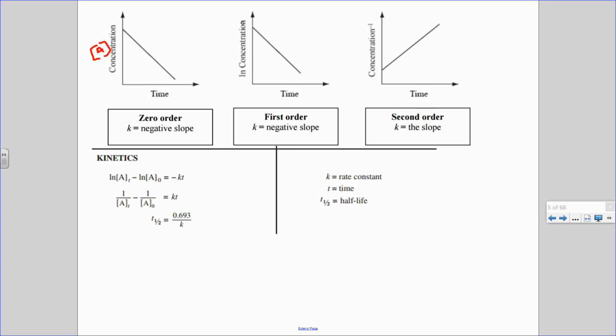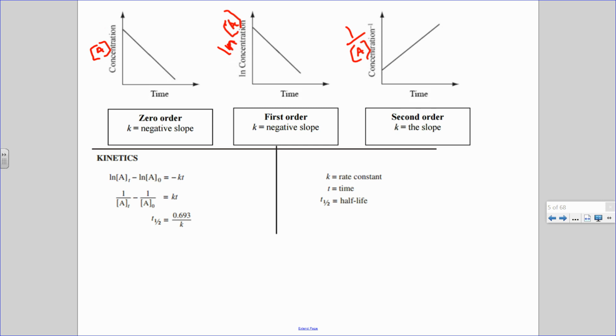If you have the natural log of the concentration, then it's a first order reaction. What we haven't quite reached yet is second order reactions. For that, 1 over the concentration, 1 over the molarity, will give you a straight line.